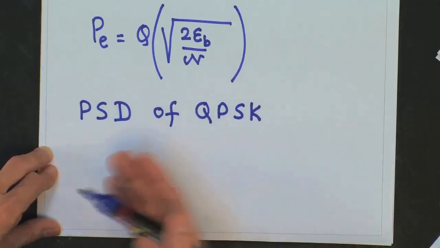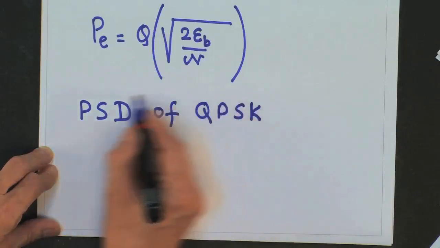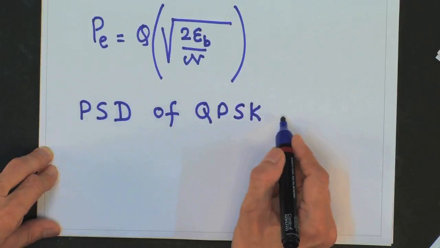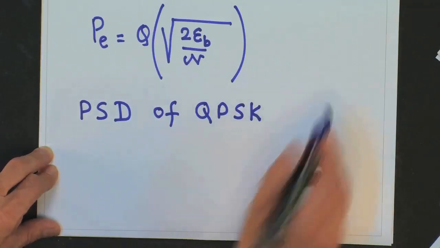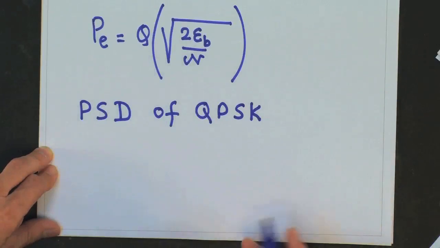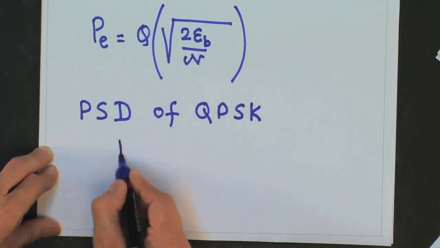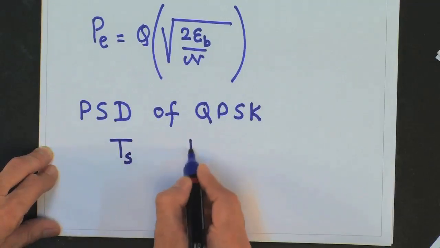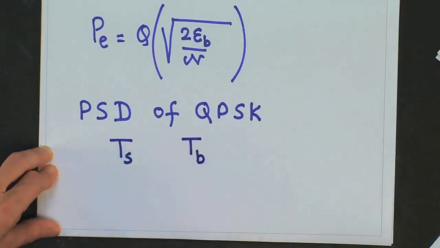Since they are uncorrelated, it follows that the power spectral density of the QPSK signal is twice the power spectral density of each of the BPSK signals. It is just scaled by 2 and with Ts substituted for Tb.